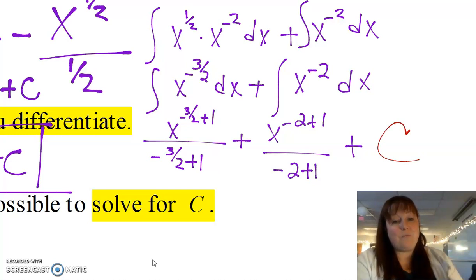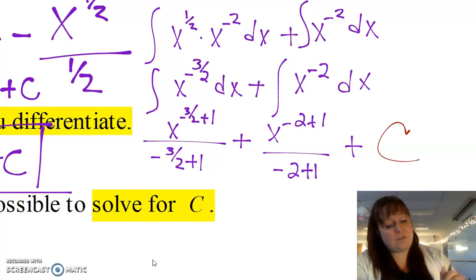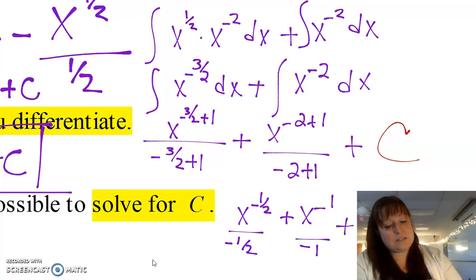And then we just go ahead and simplify those. So negative 3/2 plus 1 would be negative 1/2. That would be negative 1. That would be over negative 1/2 and over negative 1 plus c.